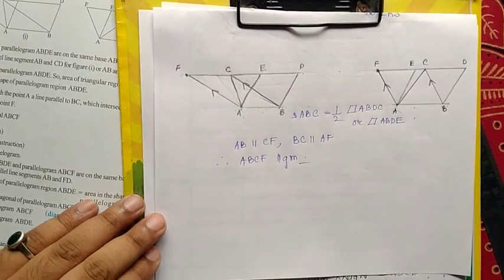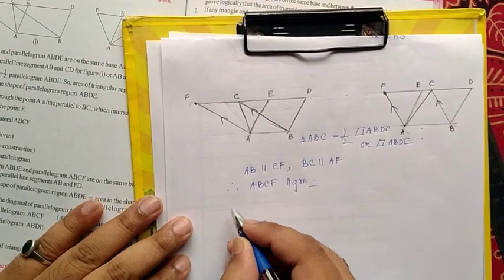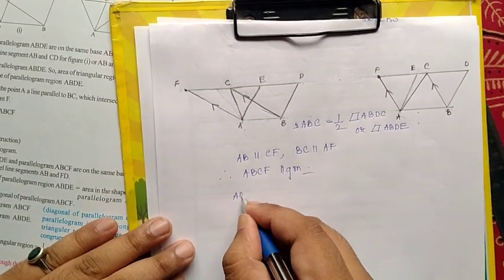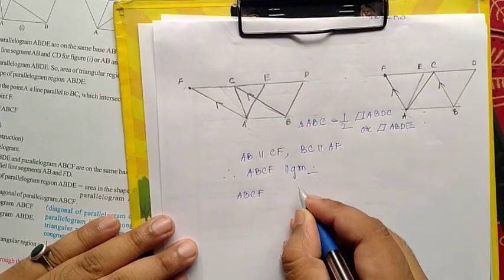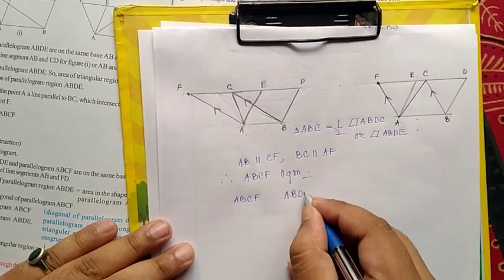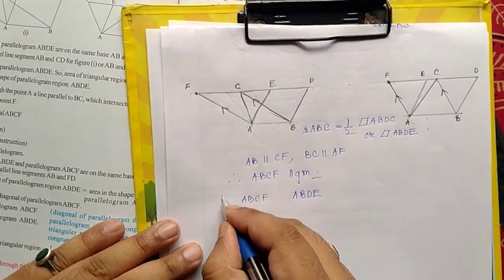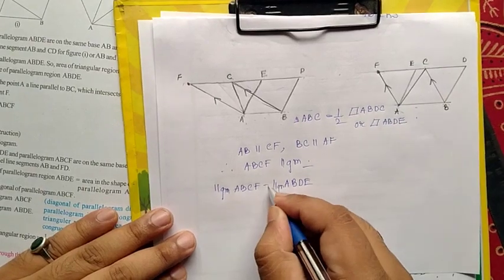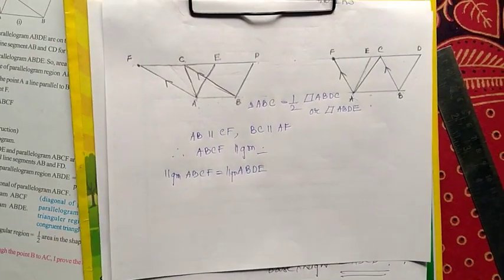So therefore we can say that here parallelogram ABCF and parallelogram ABDE are both equal. Why?